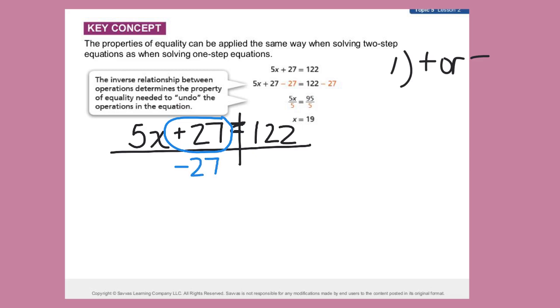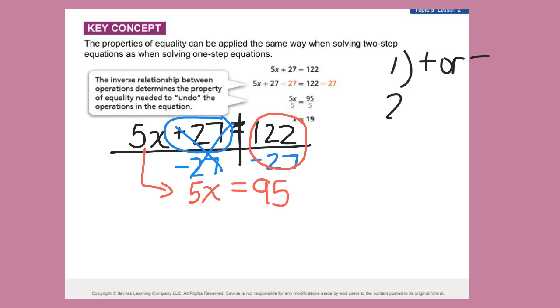That would be subtracting 27, but not just from the left, from the right as well. 27 minus 27 is 0. Bring down 5x, your equal sign, and 122 minus 27 is 95.